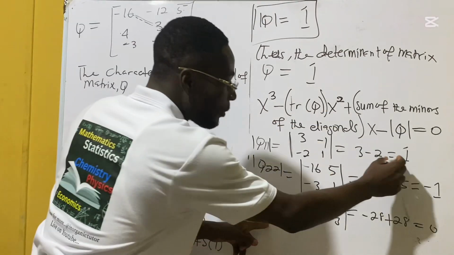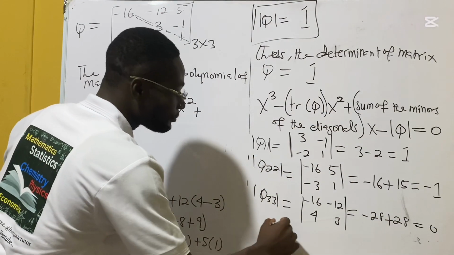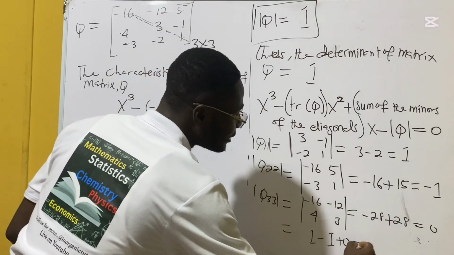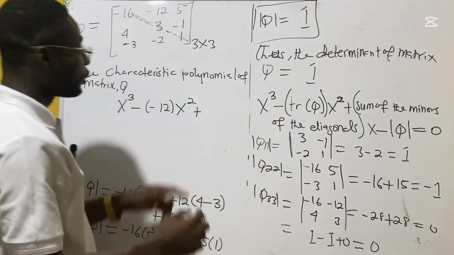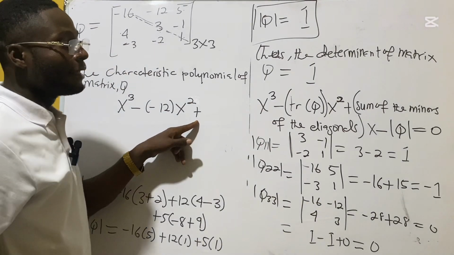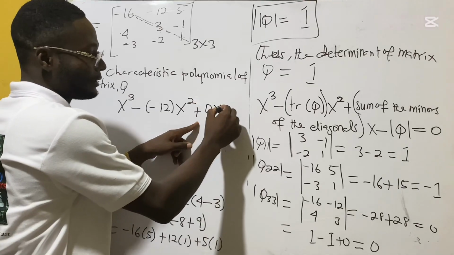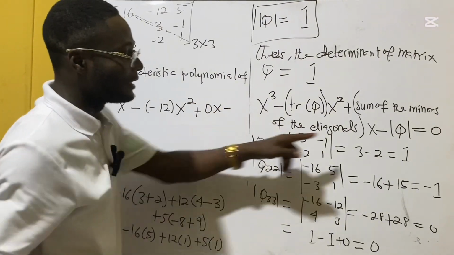So when we sum all these minors, we are going to have plus 1 minus 1 plus 0, and that's equal to 0. So the sum of the minors of the diagonal is 0 s, minus the determinant.